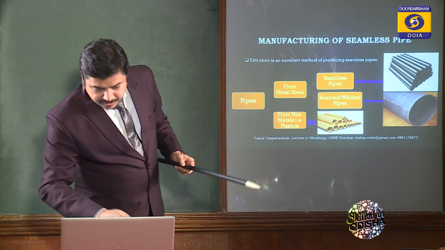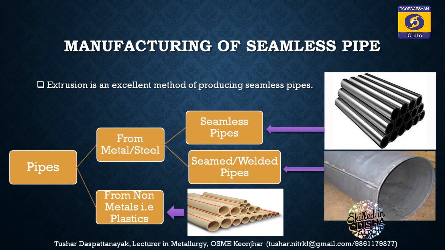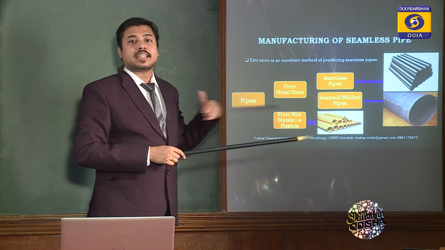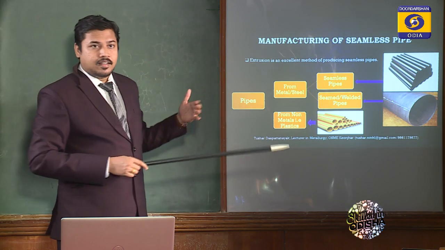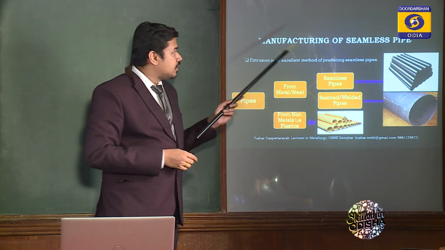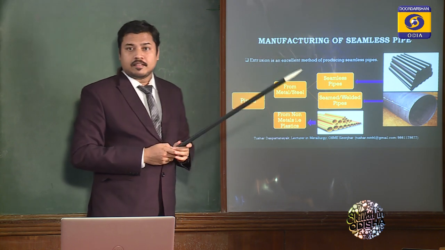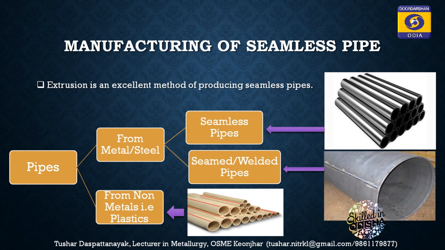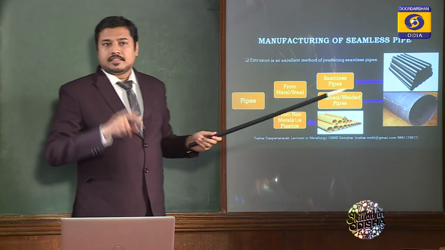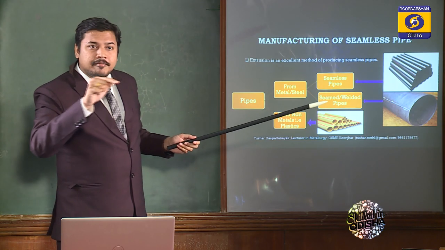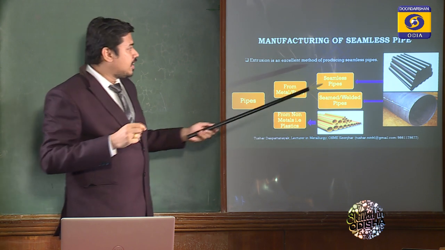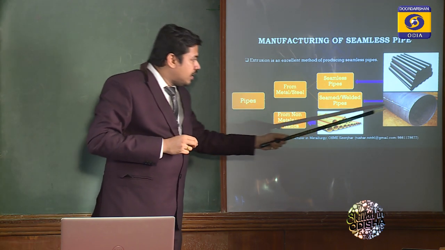We'll go for next. Manufacturing of seamless pipe. This is the last end of this chapter. First we'll understand what is seamless pipe. There are 2 kinds of pipe. One is welded pipe or seam pipe. Another one is seamless pipe. Look at this picture.